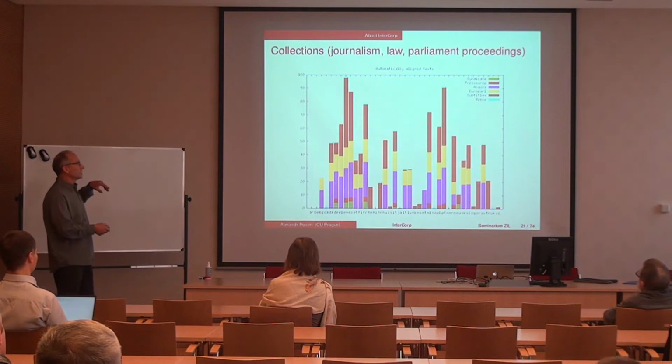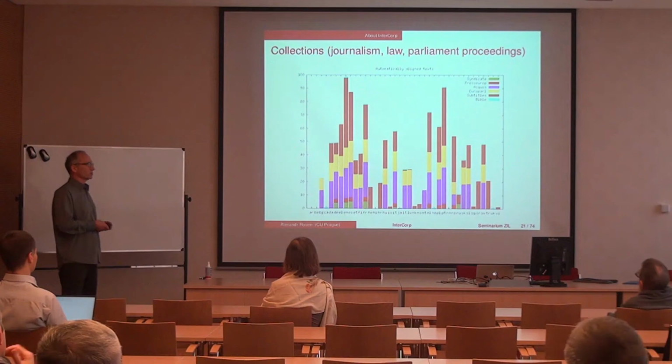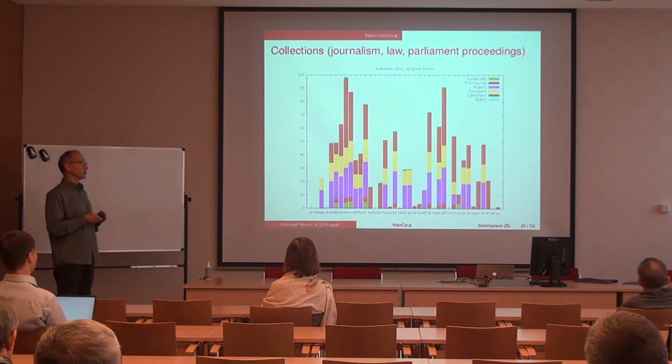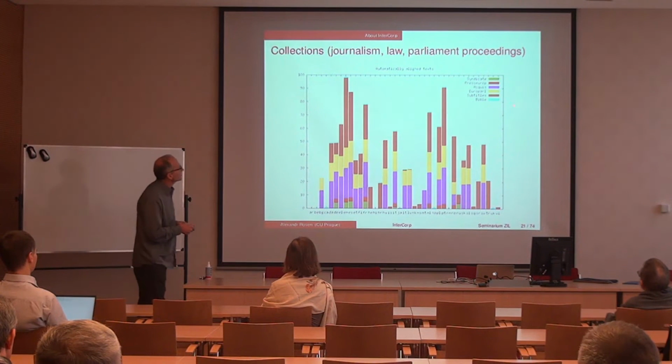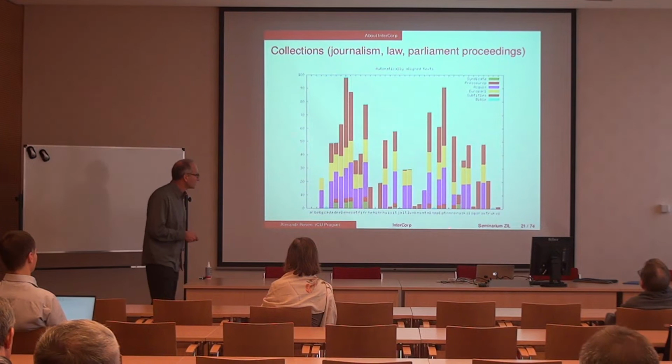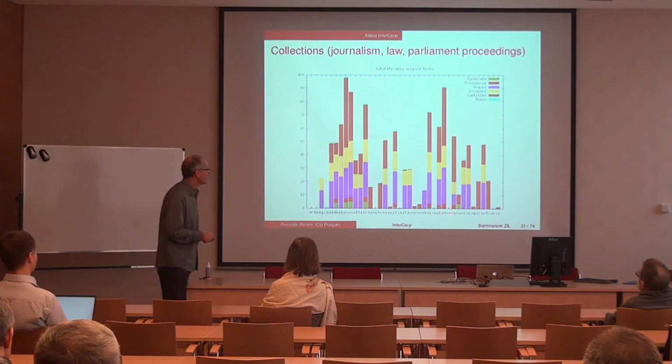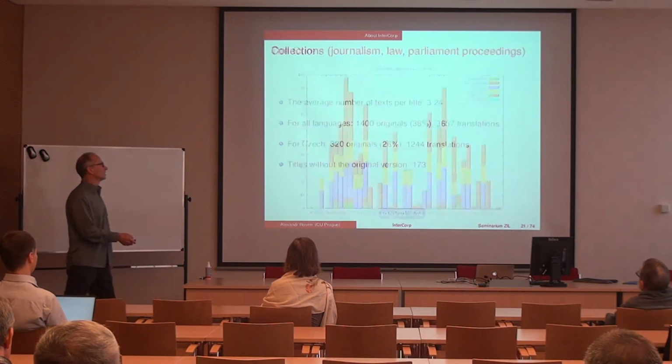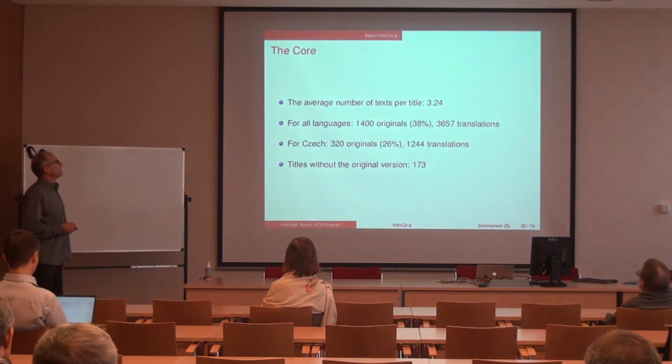That's for the rest. Languages which are official languages of the European Union have this Europarl part important. The other languages do not have it. So for example, Russian doesn't have that, and it has a smaller part.